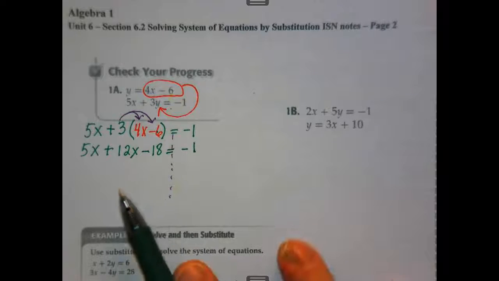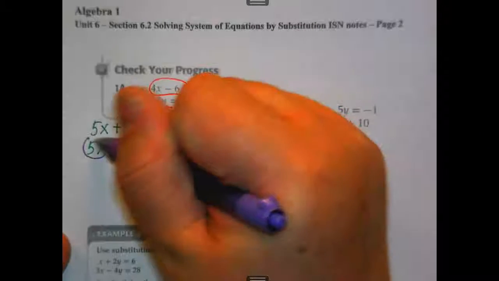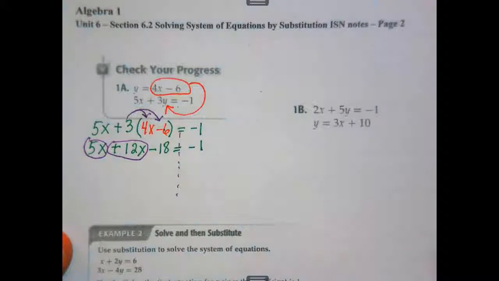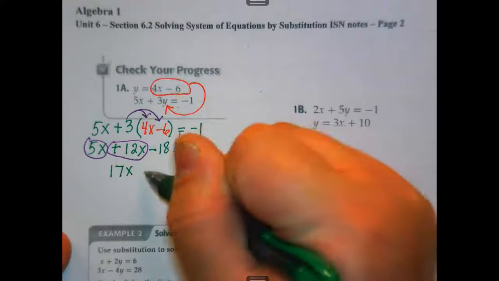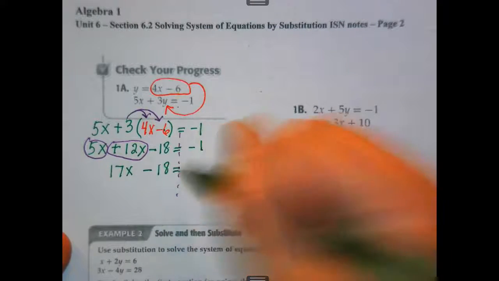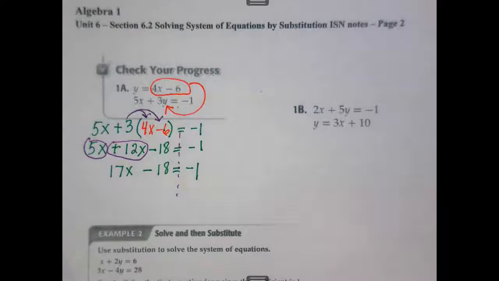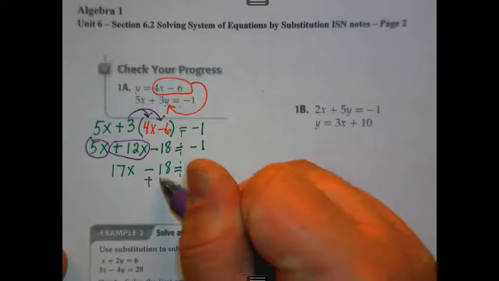I have x's on the same side of the equal sign, so I'm going to combine like terms. So I get 17x minus 18 and -1 on the right-hand side. Get my numbers on one side and my variables on the other, so I'm going to undo minus 18. I'm going to add 18 to both sides.